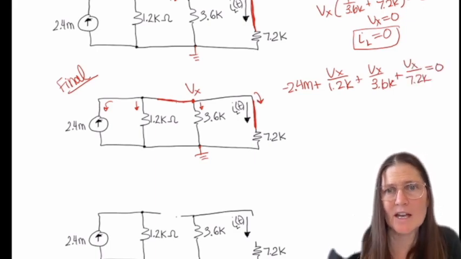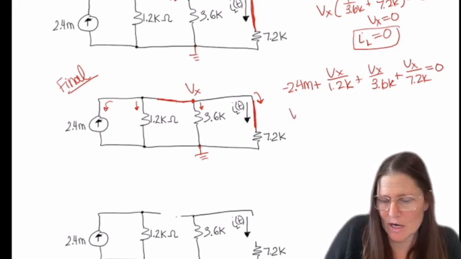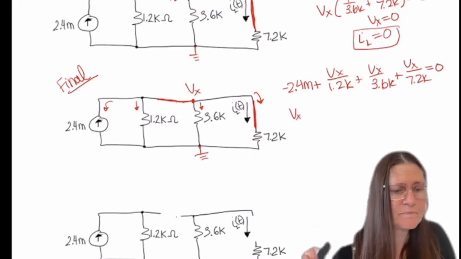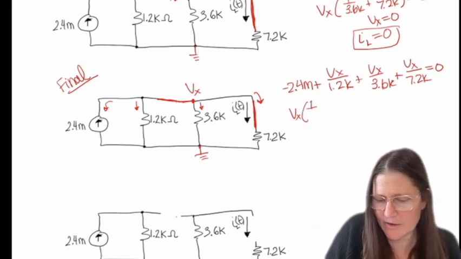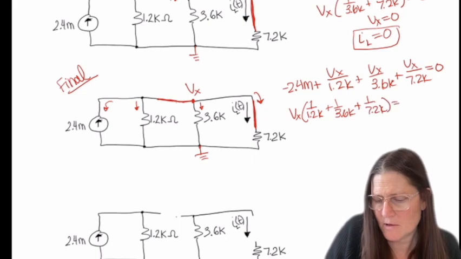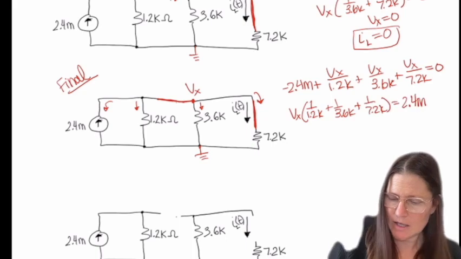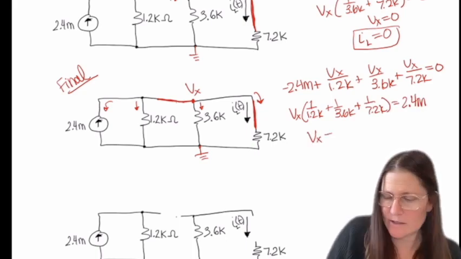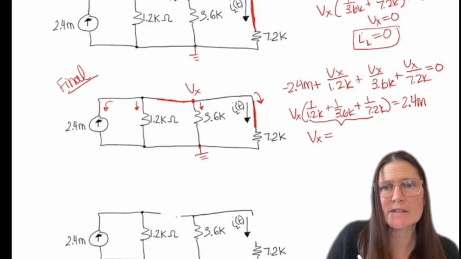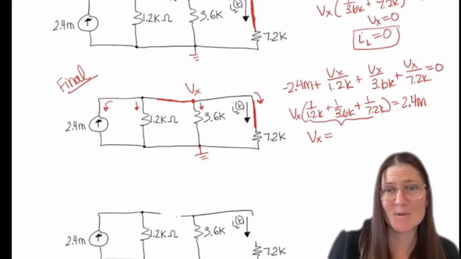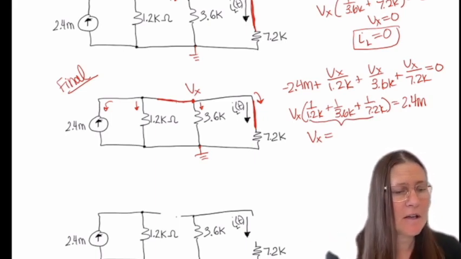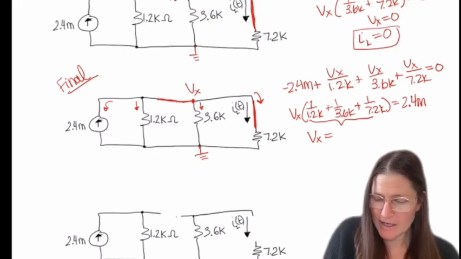Once I find Vx, I can either use an online calculator, or I can combine all of these to have a common denominator. Then I can solve for Vx by dividing 2.4 milli by that number, and I get this value for Vx.